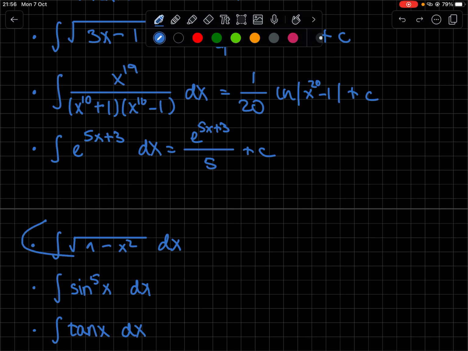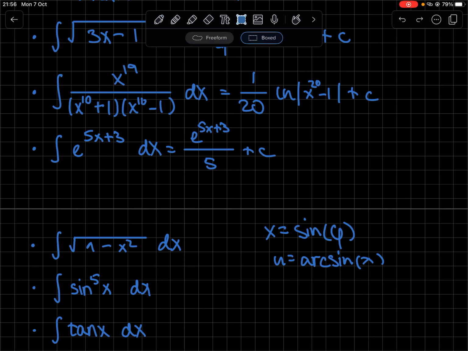Okay, so this next one, with the square root of 1 minus x squared, it's actually a pretty complicated integral. Generally, you'd solve this with trigonometric substitution, which we haven't covered yet, but we will. You say x equals sine of an angle, for example, phi. I was planning on solving it with U-substitution as well by saying u equals arc sine of x, which is essentially the same thing, and then working with U-substitution.